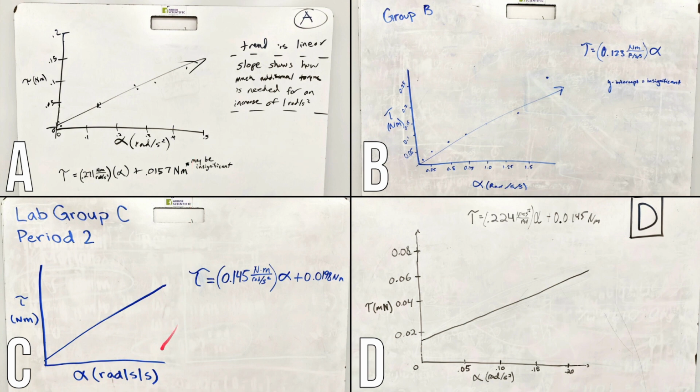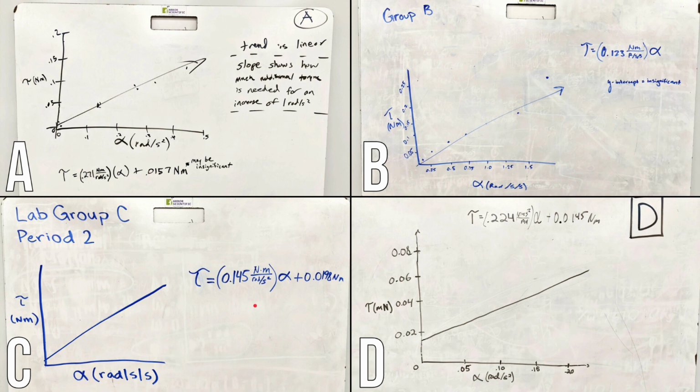And group C, let's go down to group C, in order for them to get an angular acceleration of 1, they'd have to use a torque of only 0.145 Newton meters, which is like half the size. So group C required half the torque to get the same angular acceleration that group A did. And if you have to apply more torque to get the same change in angular velocity each and every second, or angular acceleration, group A's system resists angular acceleration more than group C's system does.